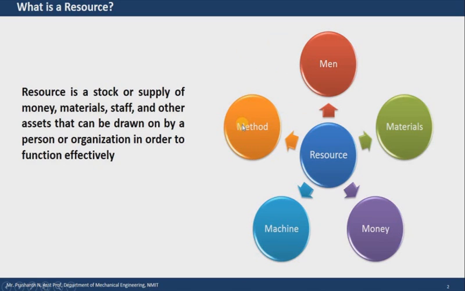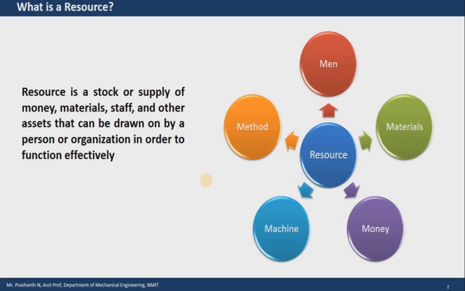You cannot touch a skill, but you can make use of that skill for the effective performance or effective delivery of the task that is being assigned to you. So that is the broad classification of the resource in terms of tangibility and intangibility. This will help us further in understanding the topic, which is the resource-based view of a firm.